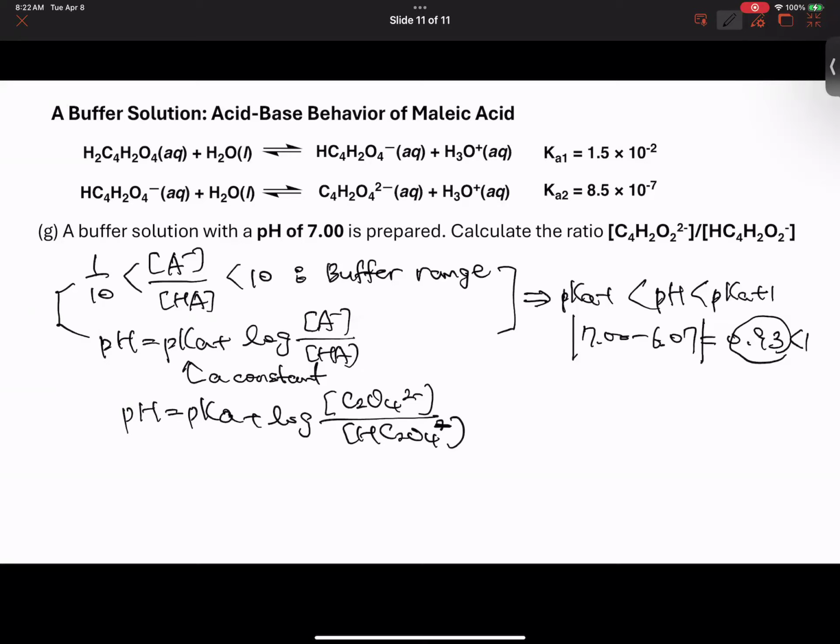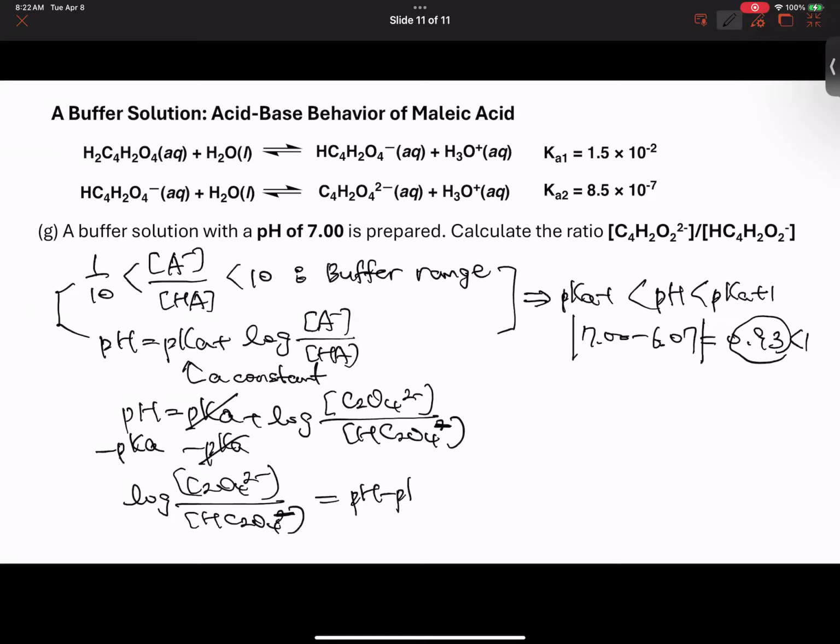Subtract the pKa from both sides, then it cancels out. Log of C2O4 2 negative over hydrogen malate, the ratio, is pH minus pKa, which I just calculated as 0.93.